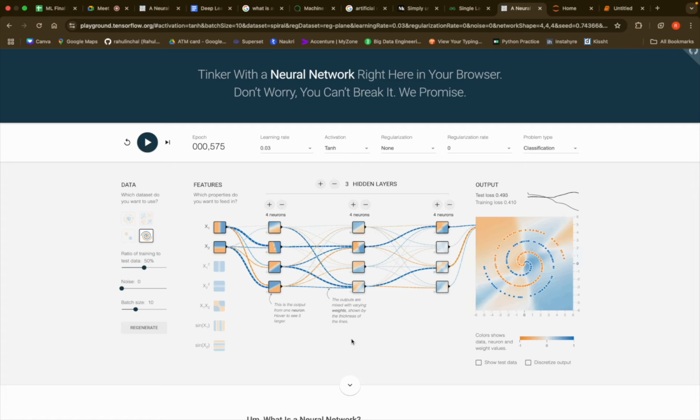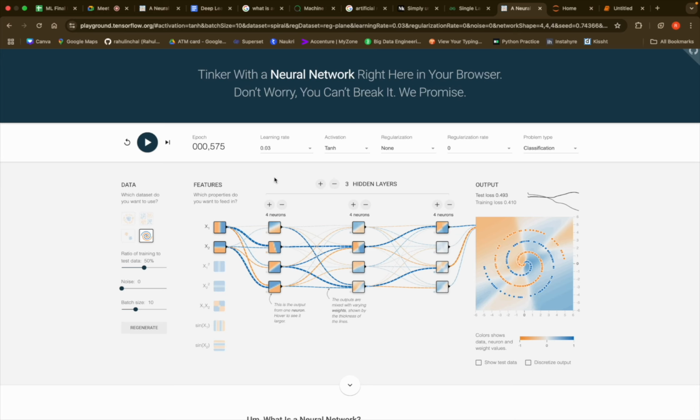Increasing the number of neurons is not giving me anything. So I can change some of the other things. Fine.